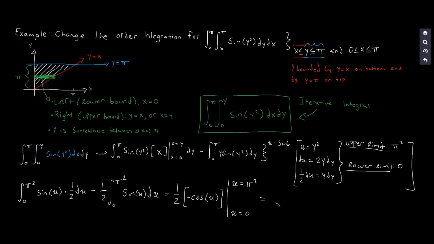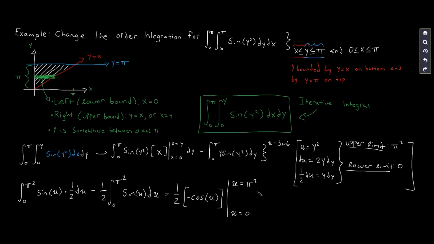And so we're going to leave the 0 alone for now. Well, wait a second, maybe we should evaluate it at 0. I think we do have to actually evaluate it at 0, because cosine of 0 is actually 1, but it's negative 1.